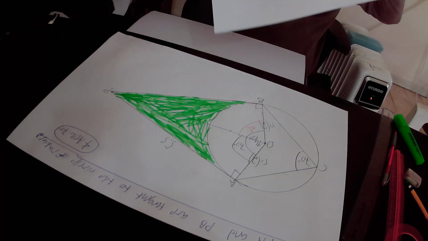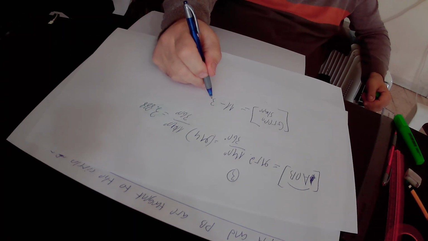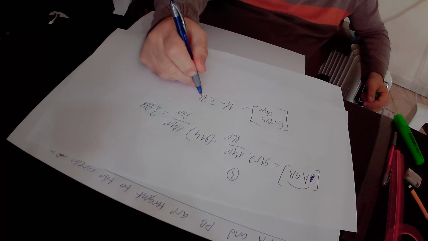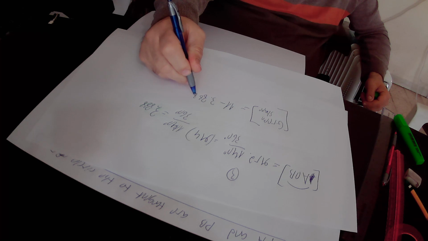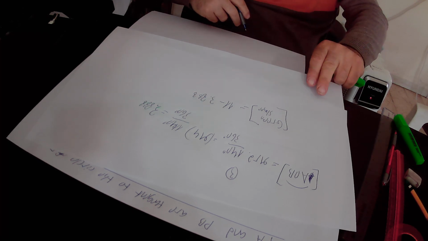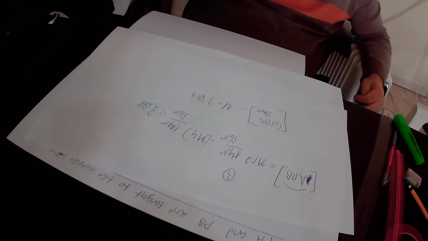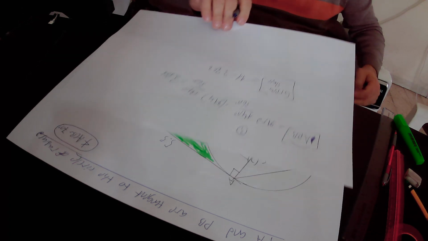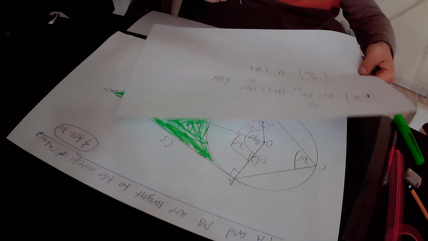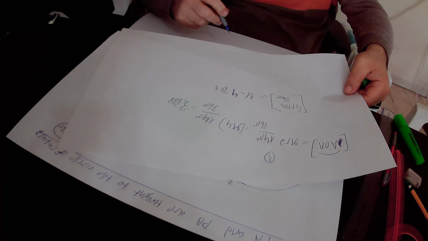We just found out that the area of sector AOB is 3.888 square units. So it is actually 4.888 square units.